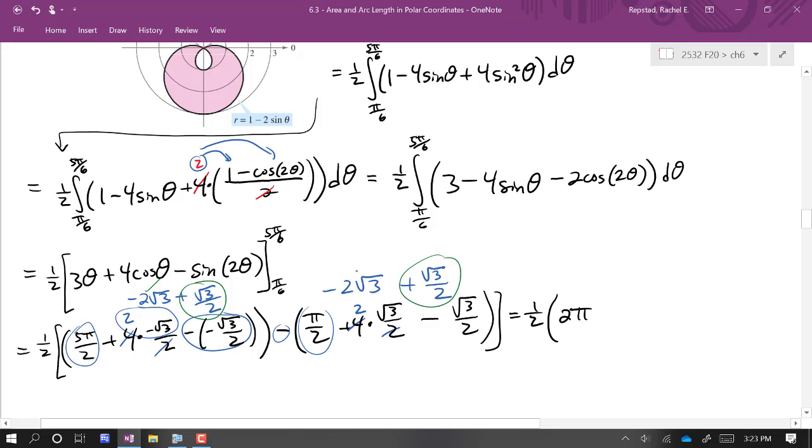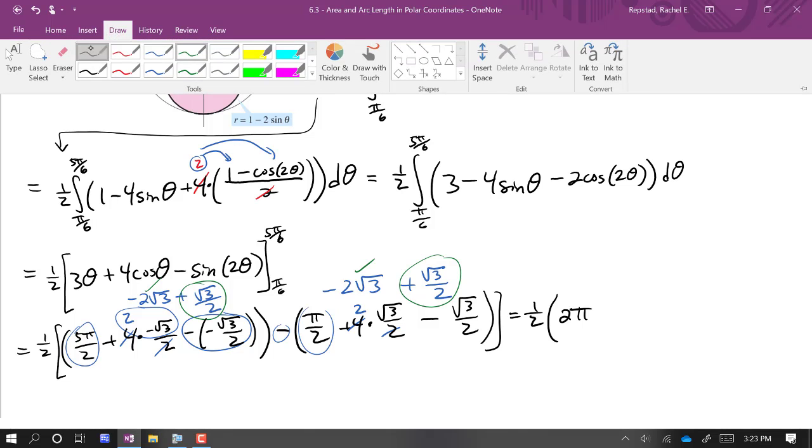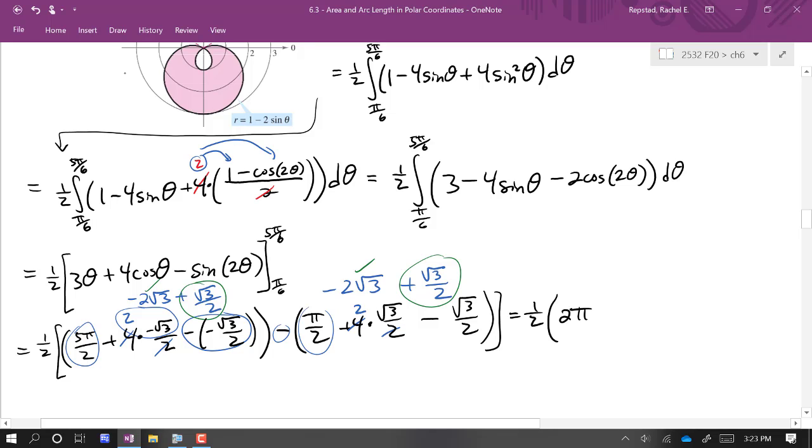Minus 2 root 3 minus 2 root 3 brings us to a total of minus 3 root 3, all told. Alright, so that is A1, and if we distribute the 1/2, we get pi minus 3 root 3 over 2. That's the inner loop.